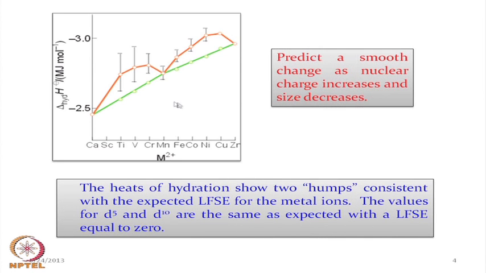So, what we see is that it also predicts a smooth change as nuclear charge increases and size decreases. Monotonically, the hydration energy values are increasing as we go for increasing nuclear charge, and nuclear charge is responsible for squeezing the size of the metal ion, so the size decreases, and we have more and more interaction of the M2+ center with the H2O molecule.